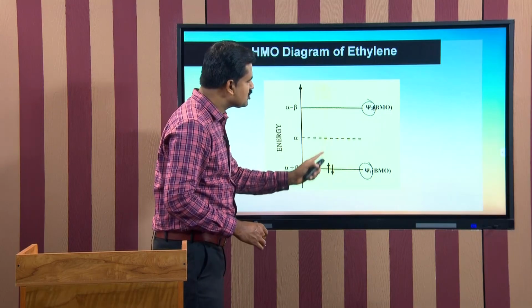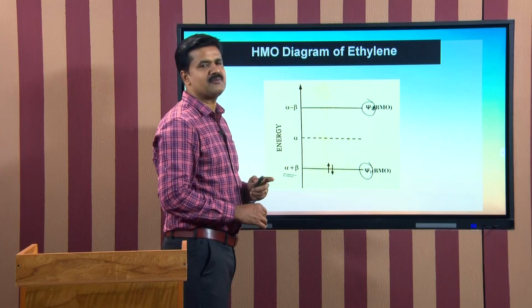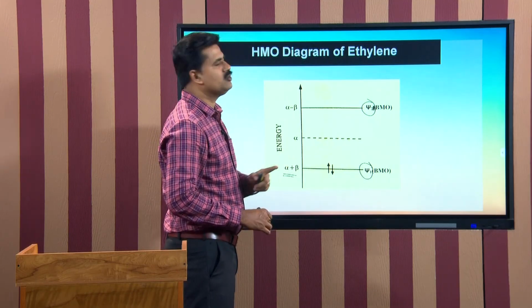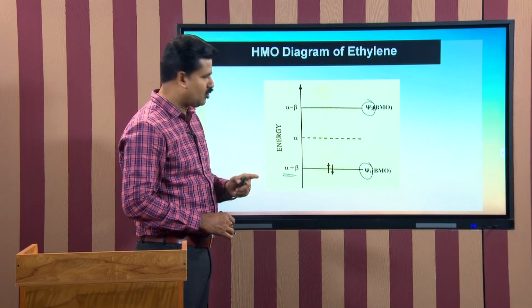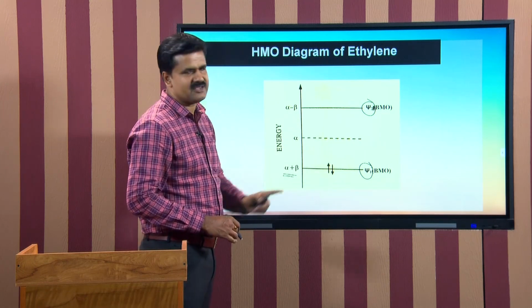Since the two electrons are populated in the first level, it is considered the bonding molecular orbital, and psi 2 must be the anti-bonding molecular orbital. The two electrons are present in this energy level psi 1.